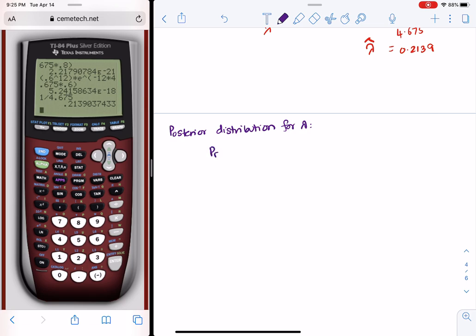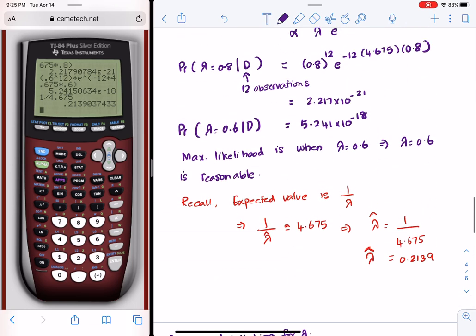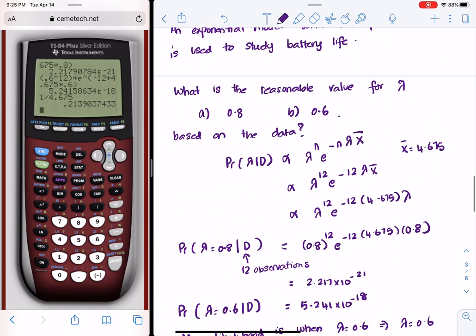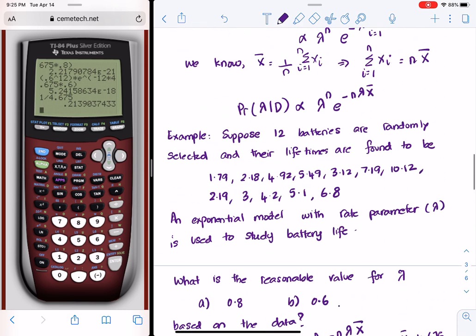In other words, what are the chances that we get... I have to go back here.